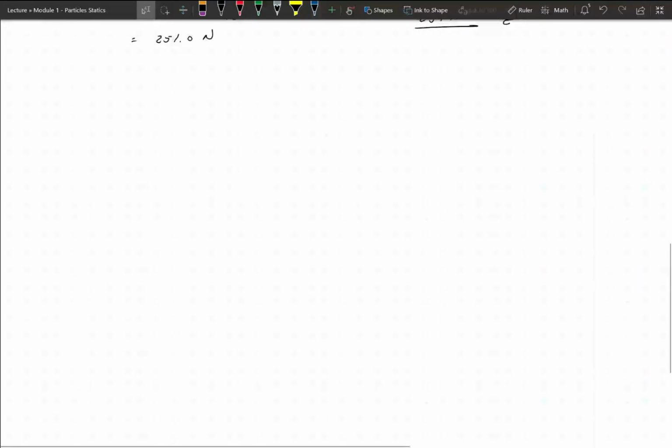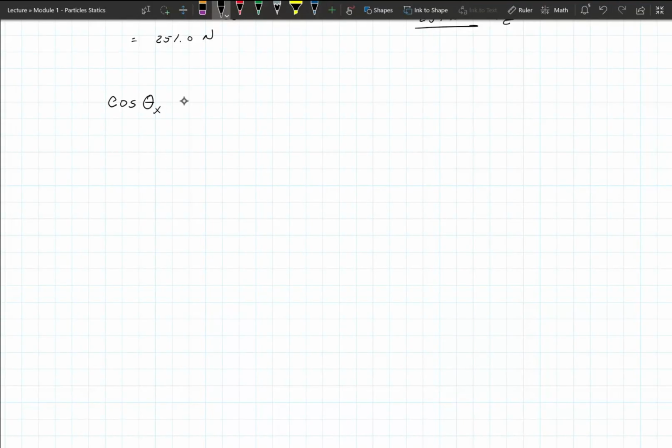So how are we going to do that? Well, again, we're going to use the angles. Cosine of theta x is equal to its adjacent over the hypotenuse.